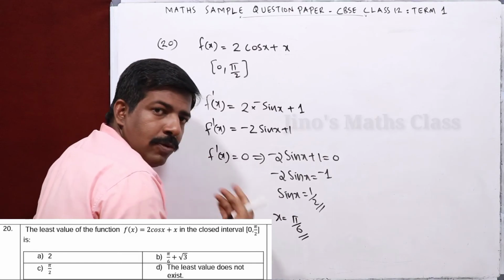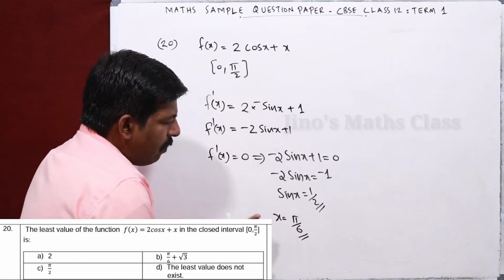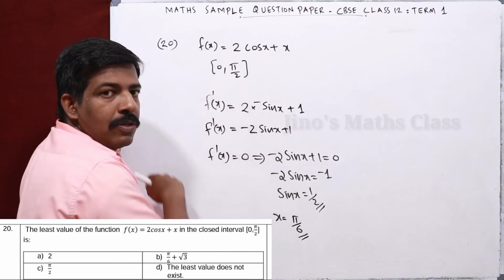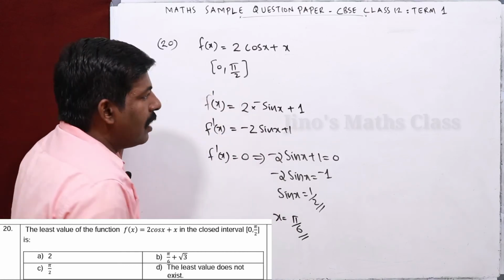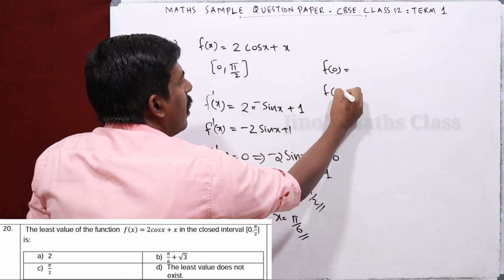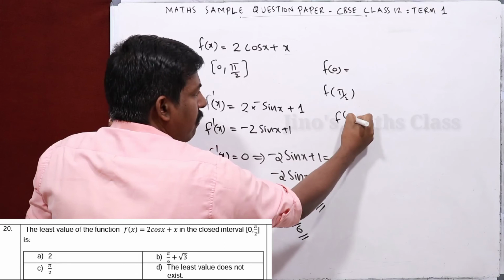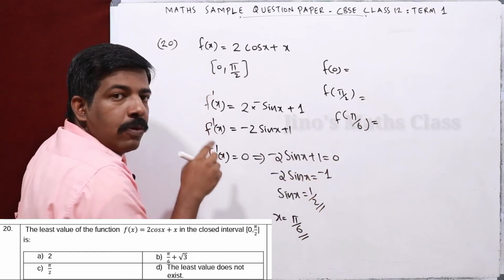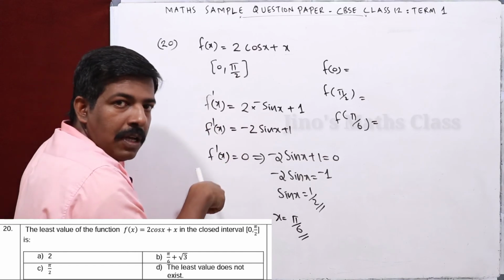Now for absolute minimum or maximum, we will find the value of function at this point and the end points of that given closed interval. That means we have to find f of 0, f of pi by 2 and f of pi by 6, and which is minimum, that will be the absolute minimum value or least value in the closed interval.